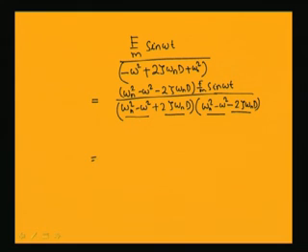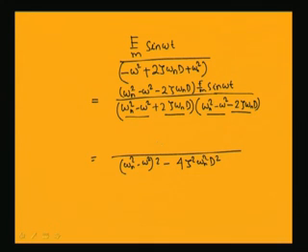So, the denominator can be written as omega n square minus omega square whole square minus 2 zeta omega n d whole square. So, it can be written as 4 zeta square omega n square d square.